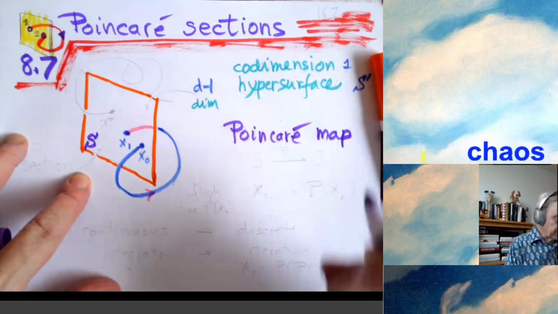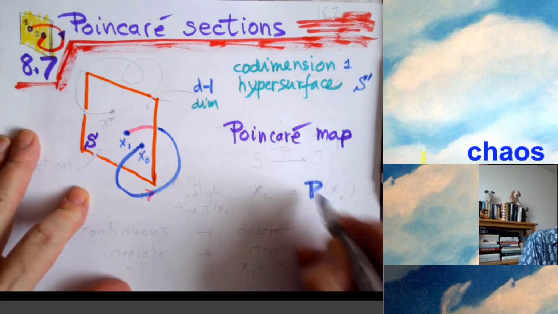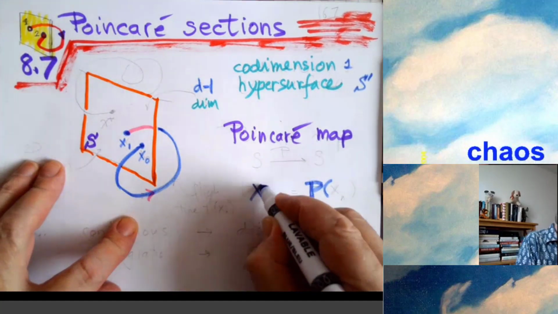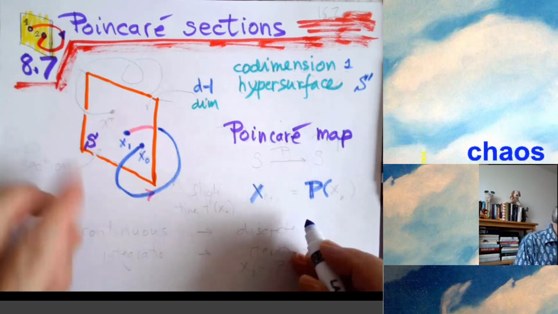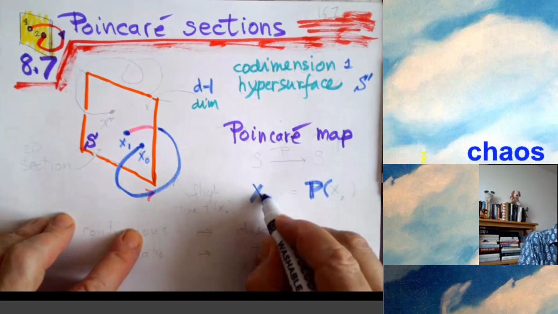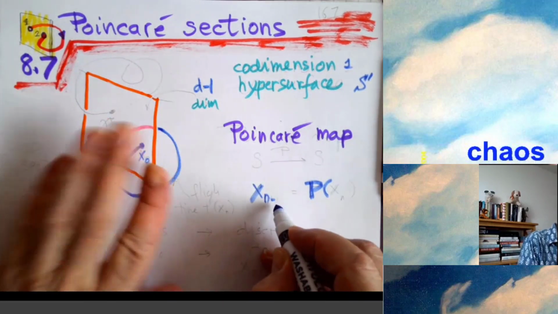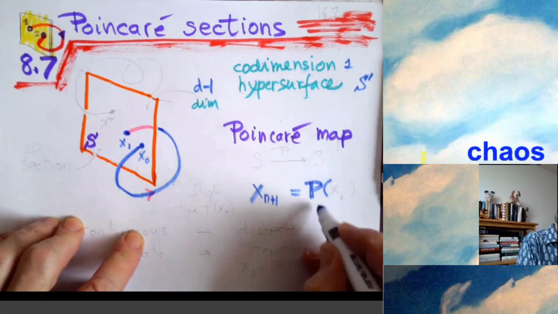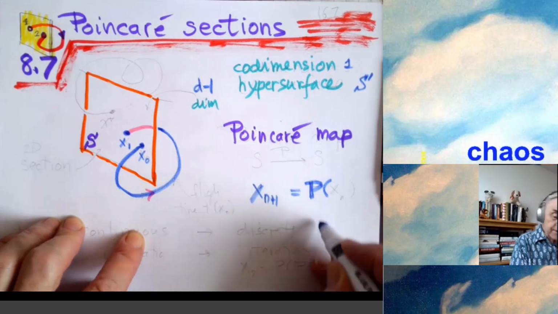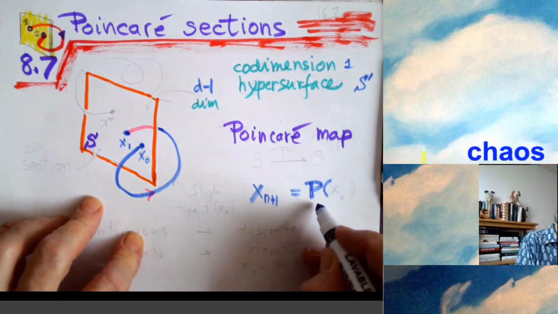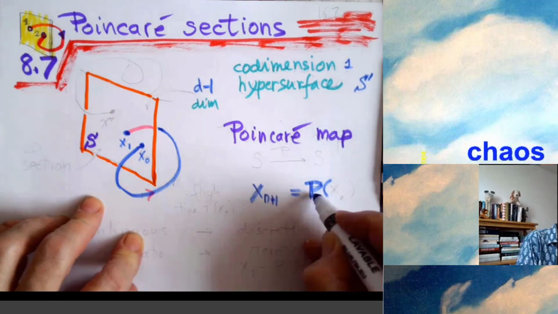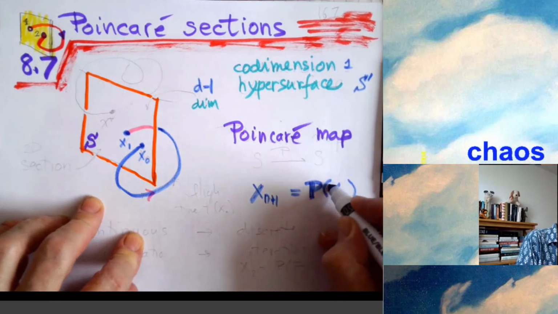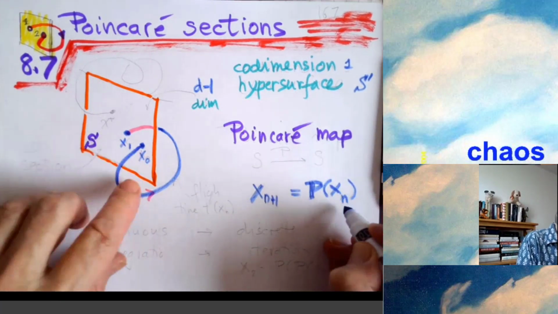You can use your integrator to compute a function. The vector in this hyperplane has d minus 1 dimensions because you're 1 dimension less. And you can write a set of functions, d minus 1 of them. So this is a vector full of functions that says that I started here.